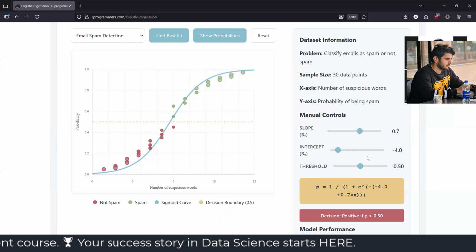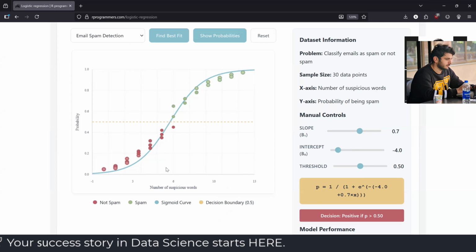So whenever we pass all the independent variables through this formula, we will get points between 0 and 1, right? And in these points, we define a threshold value. The threshold value is basically that dotted line. It will classify the points above it into one category and the lower points into the 0 category.